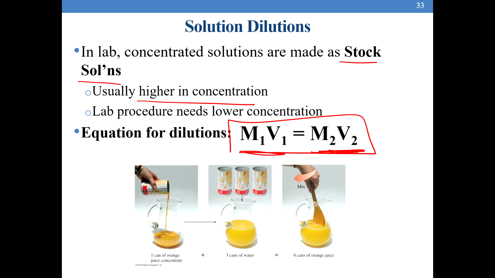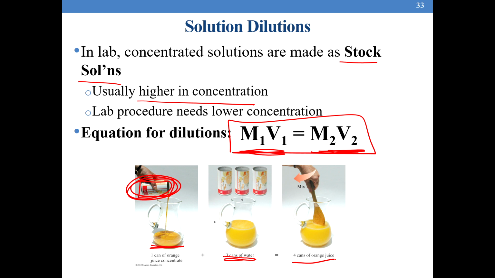2 simply means the final, okay? Here's an example of dilution that you've probably seen in your life and you didn't think it was a dilution. We've got the concentrated orange juice that you can buy at the store, and then you dump the concentrate, and it looks kind of like syrup at the bottom, and then you add a certain amount of water. In this case they say 3 cans of water, and then stir it up and you've got your more drinkable orange juice.